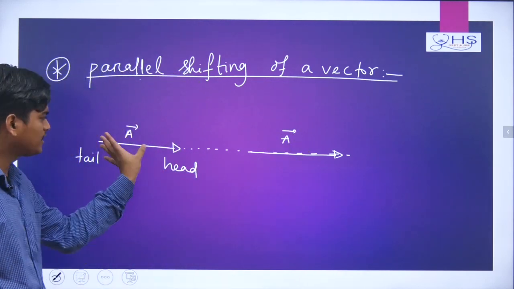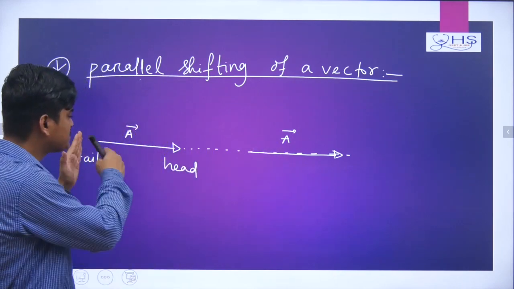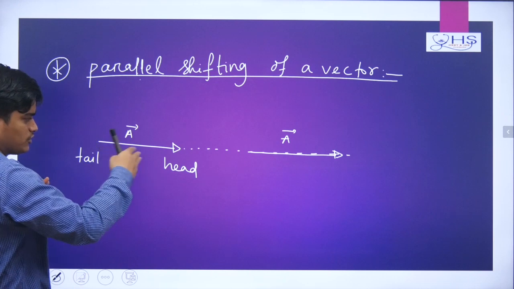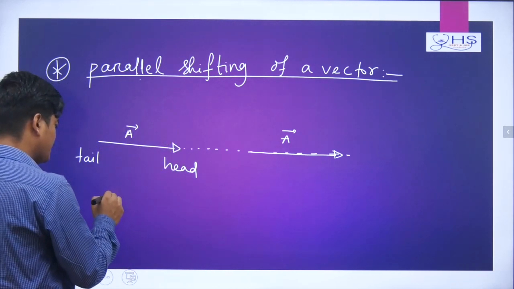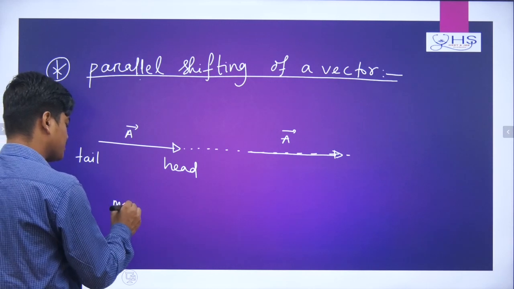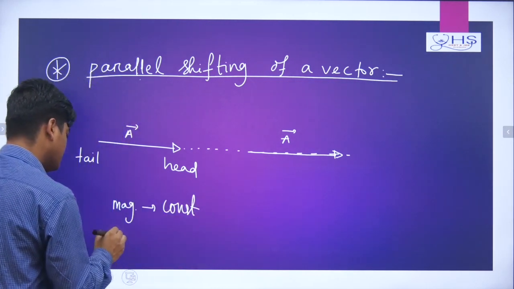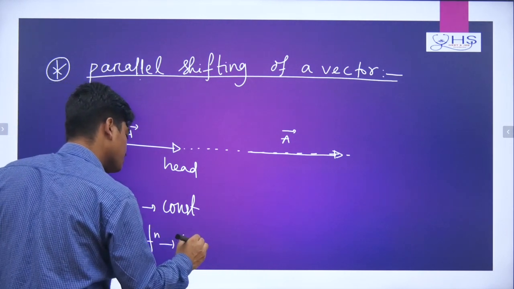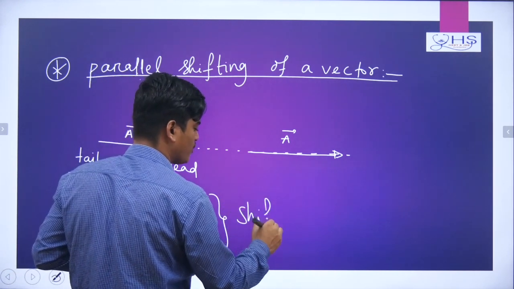That means a vector you can shift from one place to another place by keeping its magnitude, that means its length, same and direction also same. That means, keeping magnitude constant and direction constant, you can shift a vector anywhere.